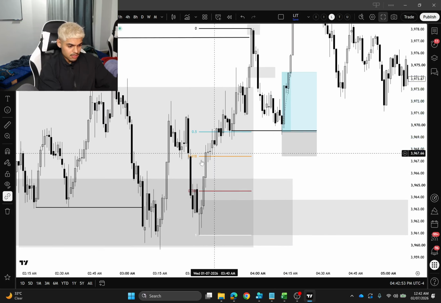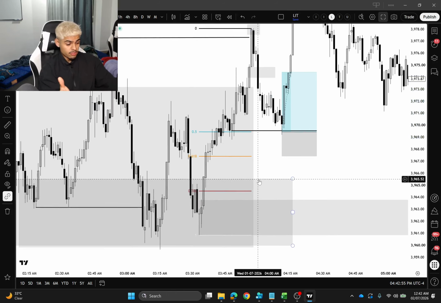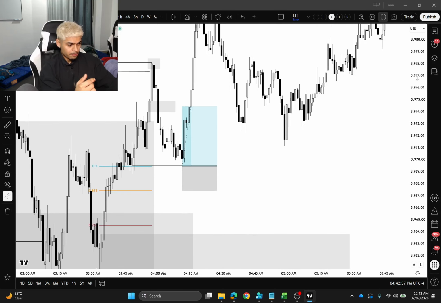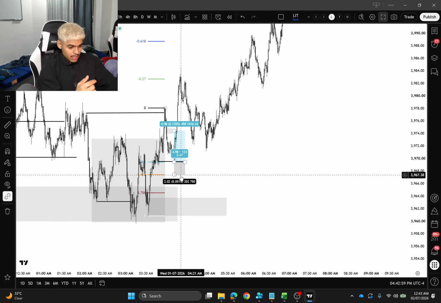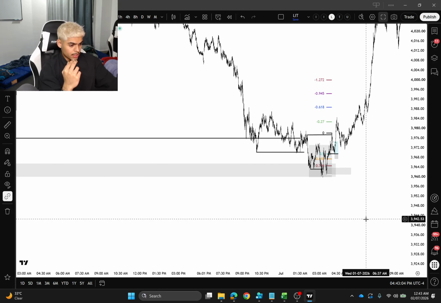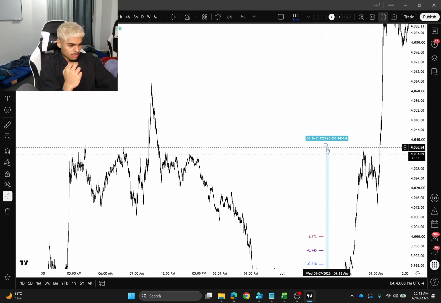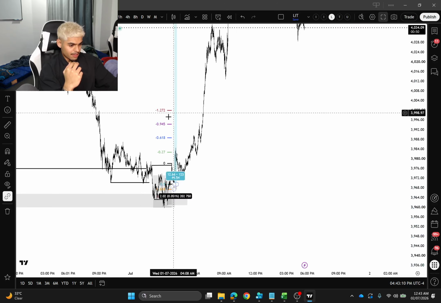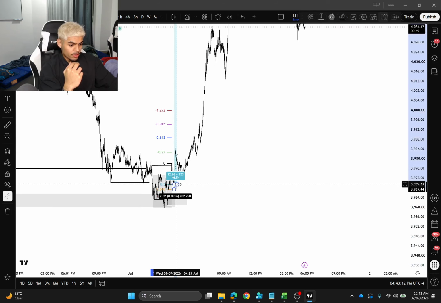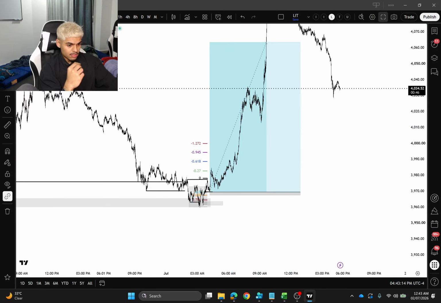Why? Because we have this zone from where we can actually reverse as well. I mean, push towards the upside. We have that as well. Literally, if you took this entry with only 2 points of stop loss and you basically aimed for this high. How much is that? That is 1:46. 1:46 trade.